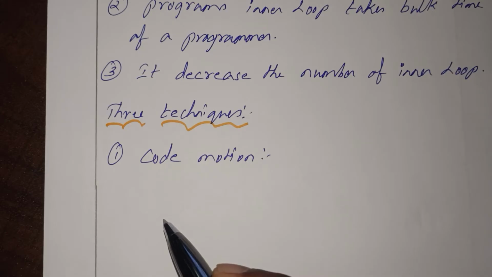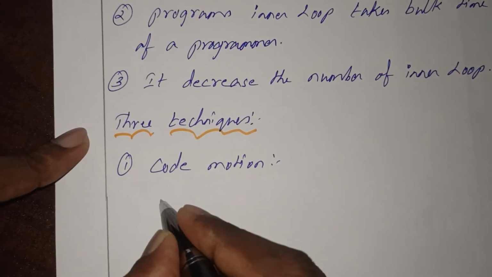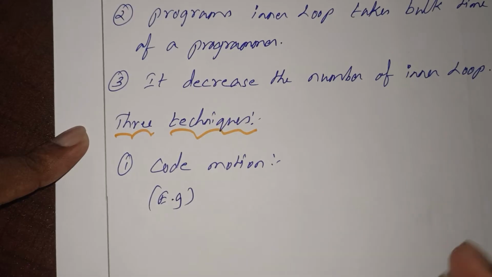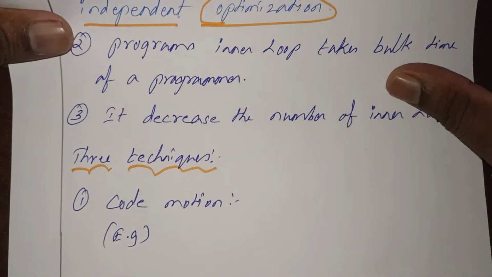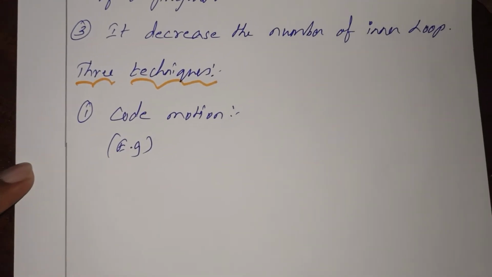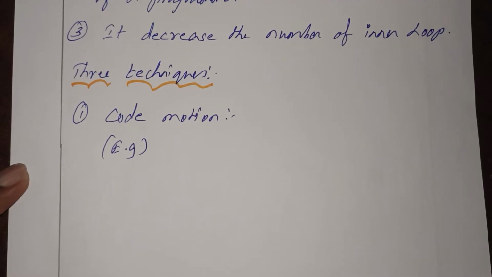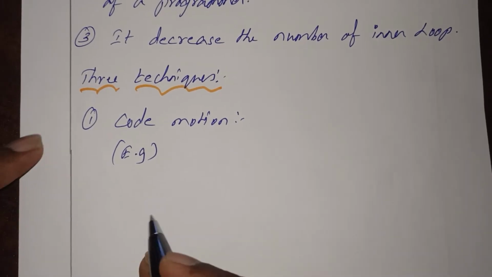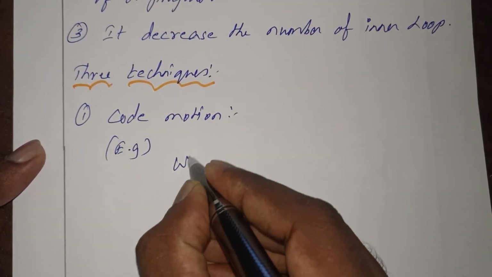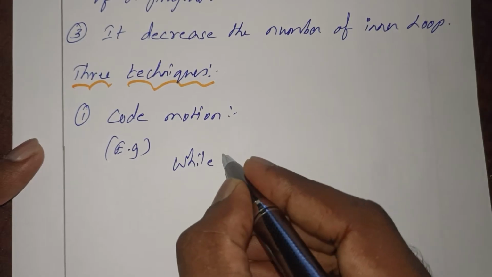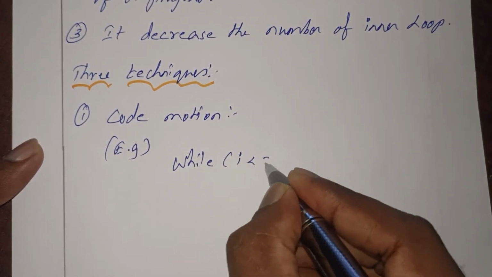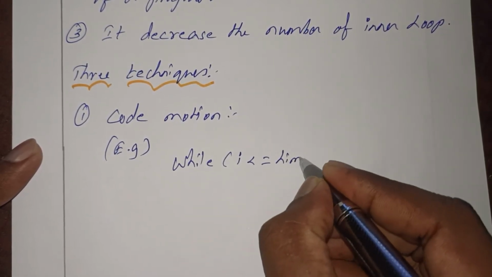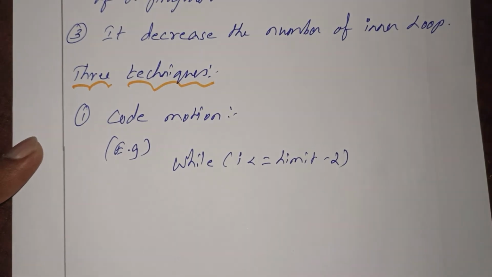Let me go with an example. How does code movement actually work, right? The basic operation of all these optimization techniques has one principle, that is whether the loop has a limit or doesn't have a limit. Say for example, I am taking a while condition: while i is less than or equal to limit minus 2, for example, right?